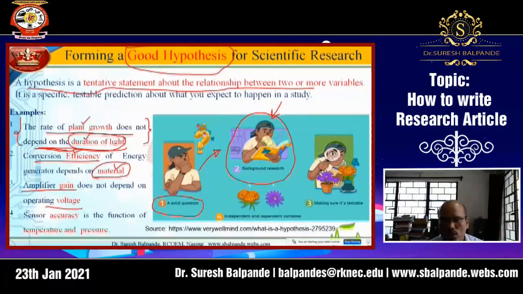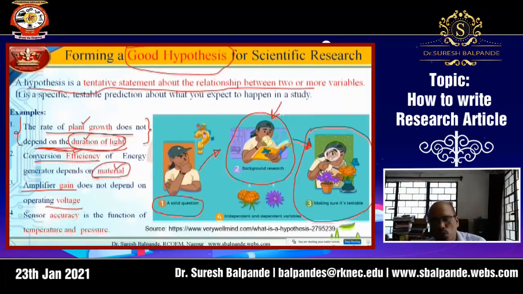Now, once you are through with this background research, the next question is whether it is really testable or not, whether it is really designable or not. Means whether we can design a circuitry system, sensor, whether it is feasible or not. So feasibility, you have to check it.